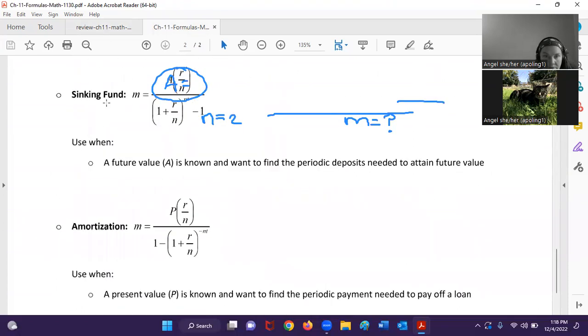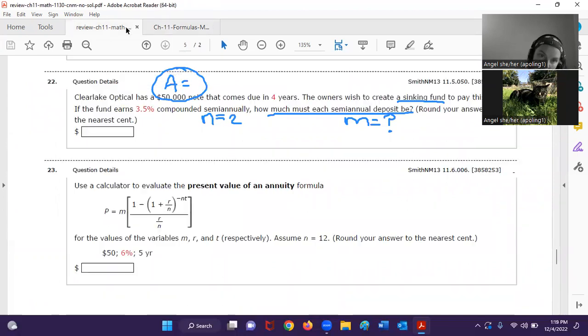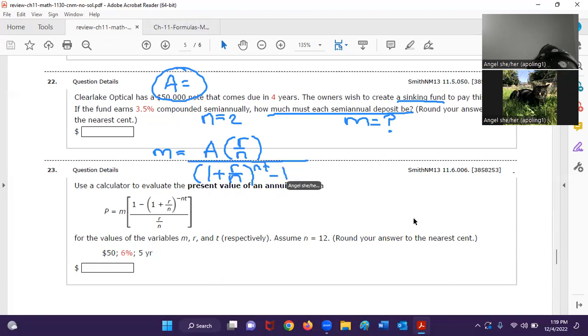So sinking fund, M, we have A. So this first formula, we've got M equal to A times R over N divided by 1 plus R over N to the NT minus 1.